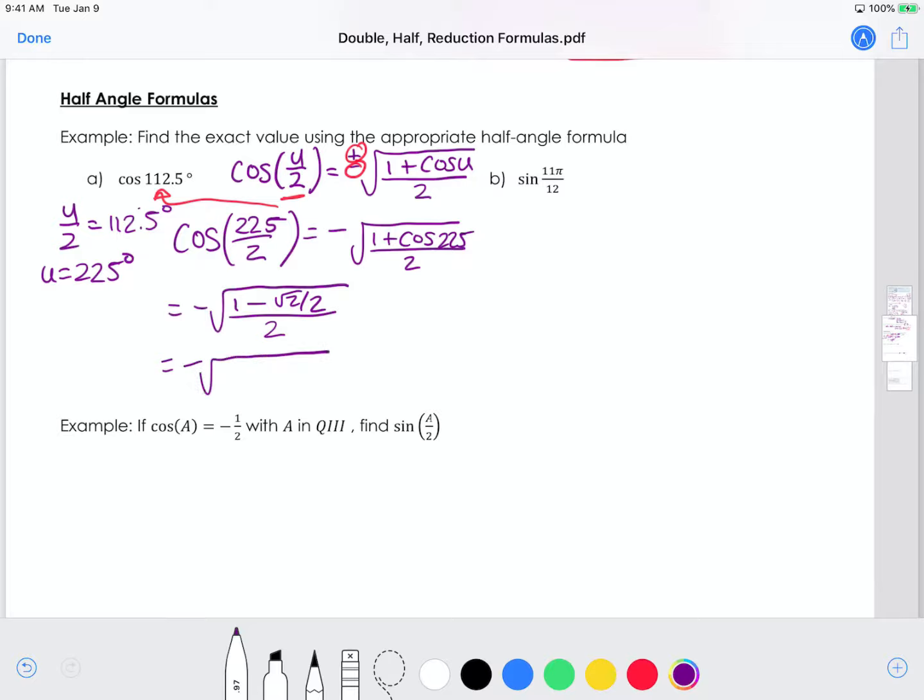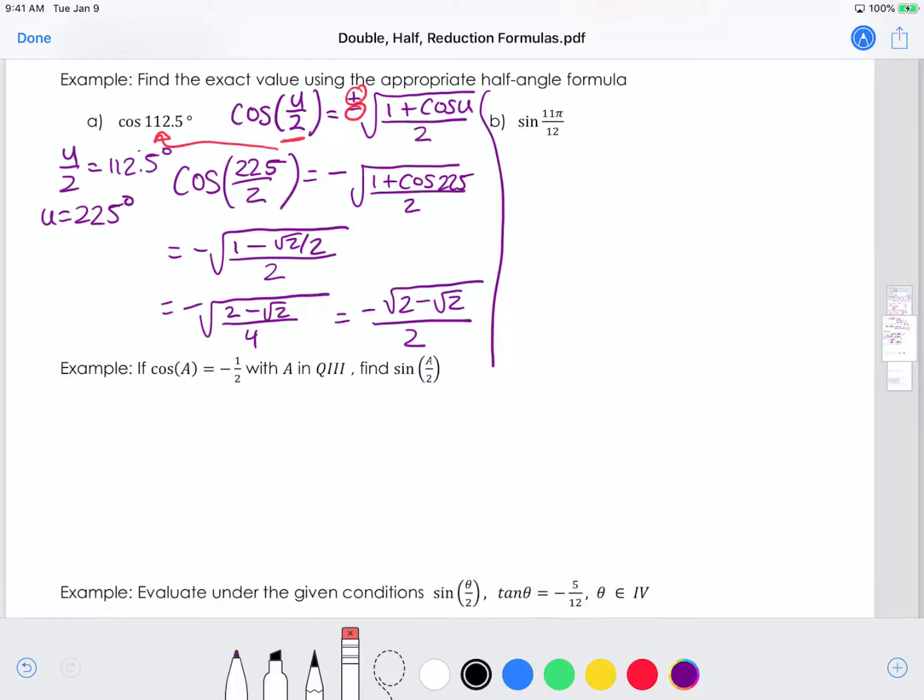That way I clear that complex fraction. So when I multiply the 2 by the 1, I get 2. And then 2 times the square root of 2 over 2 just gives me the square root of 2. And then 2 times 2 in the denominator is going to give me 4. And then the last thing I can do is pull that 4 out from the square root and write it as 2, because the square root of 4, if I take it outside the square root, would be 2.